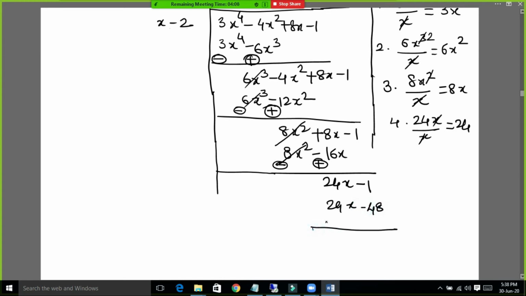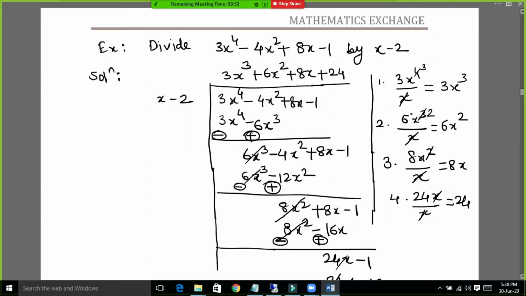Change the sign, minus plus, 24x minus 24x cancel over here, and minus 1 plus 48, that is 47. So this is our remainder, and the quotient is 3x cube plus 6x square plus 8x plus 24.